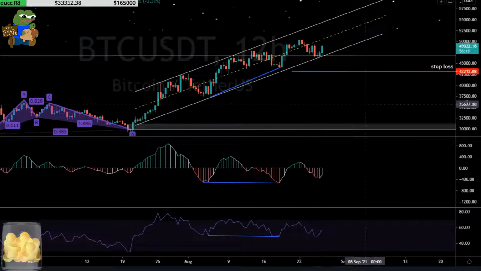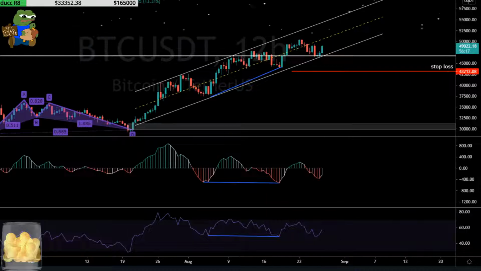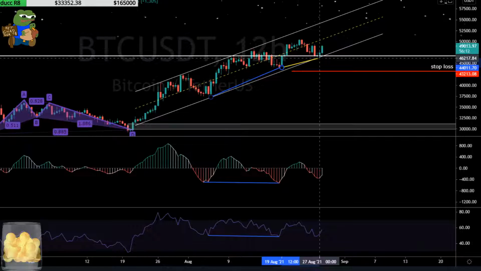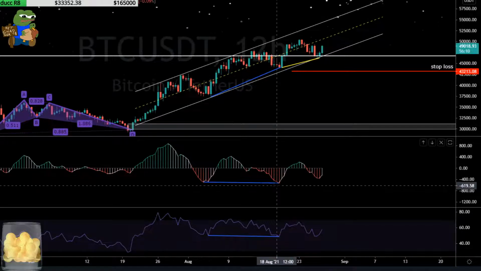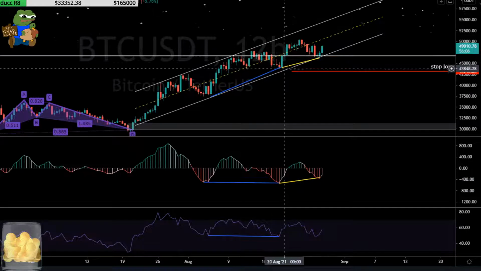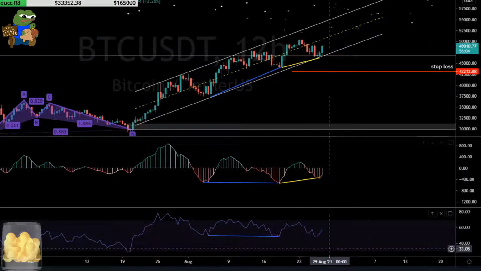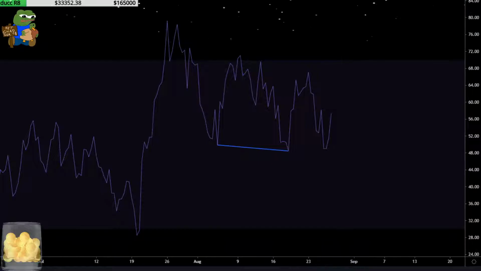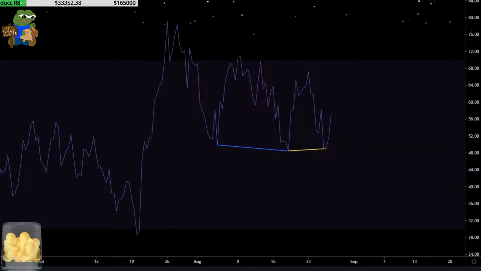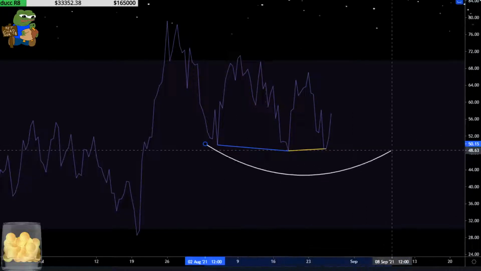From there, on Bitcoin, we've proceeded to go from this anchor point and painted a higher low. Okay, so this higher low now is painting bullish convergence. So we have converging trend lines in the same direction, and same thing on the RSI. So basically what you're witnessing here is a changing in the momentum, right?